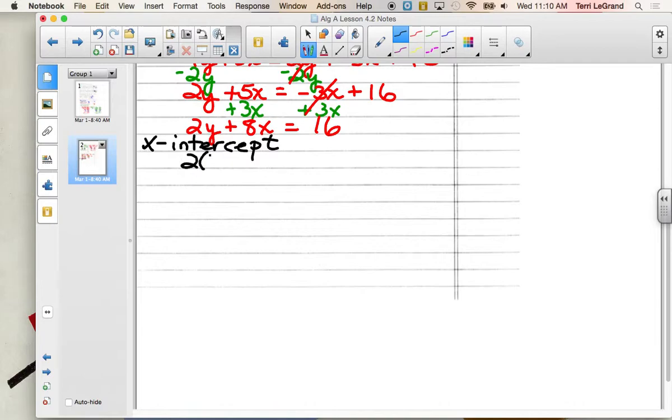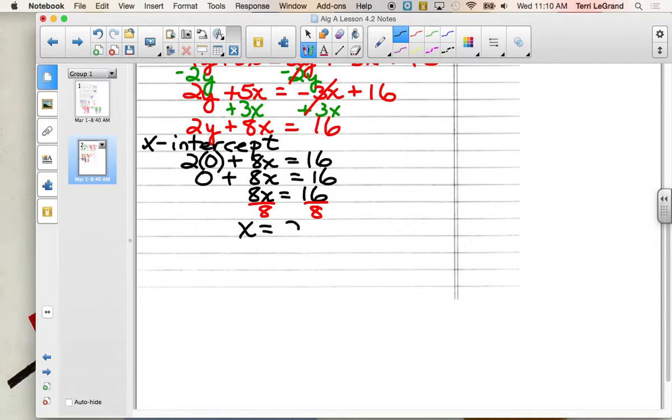Yeah, so 2 times 0 plus 8x equals 16. Well, 2 times 0? 0. Zero plus 8x? 8x. And our last step? Divide by 8. So what is our x-intercept, class? 2. It is 2.